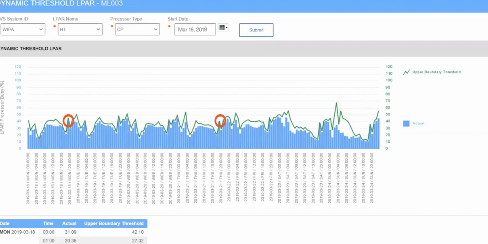And that is very difficult to do or manage with any kind of static thresholding. It's much more applicable when we want to look at dynamic processes as well.